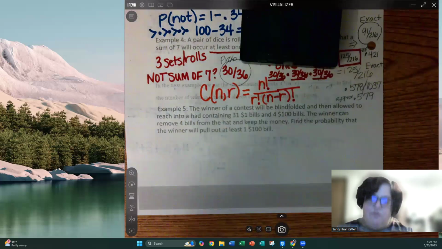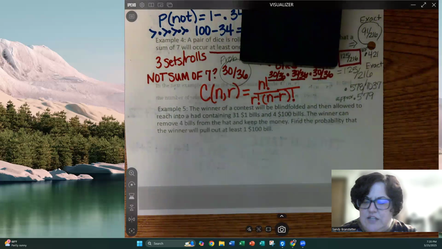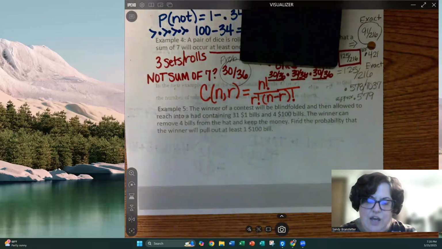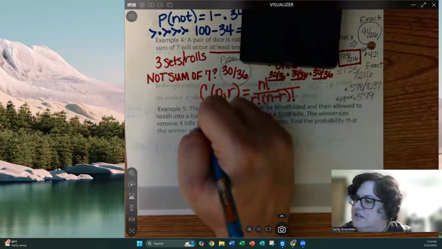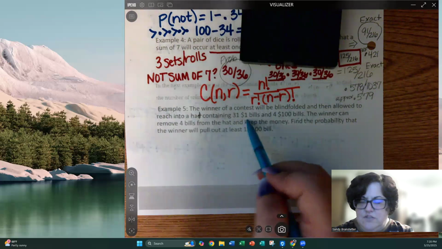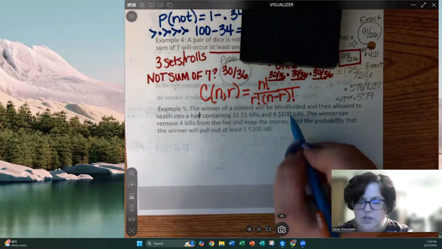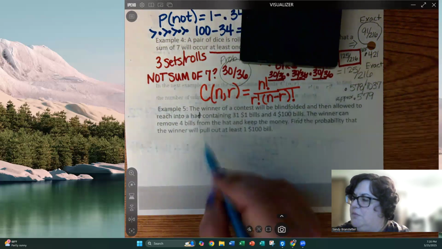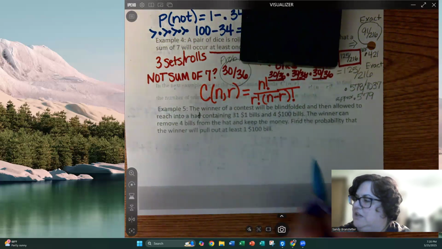We're going to use the combination formula with probability. So in example 5, it says the winner of a contest will be blindfolded and then allowed to reach into a hat that contains 31 $1 bills and 4 $100 bills. The winner can then remove 4 bills from the hat and keep the money.